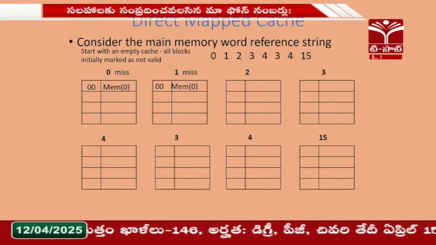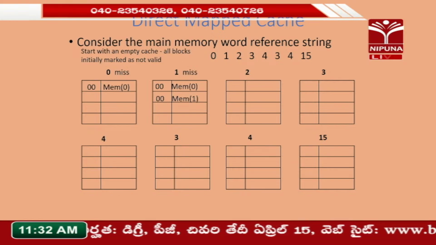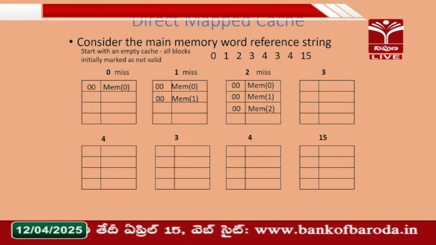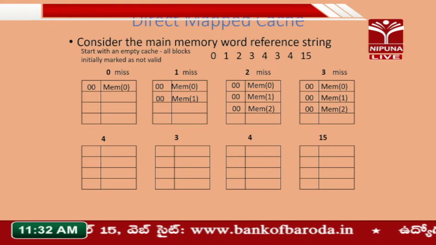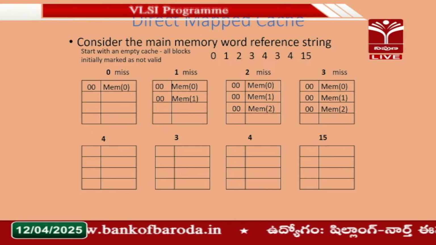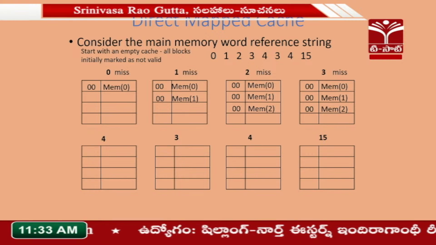It is still a miss, and then word 1 comes into the next location in the cache. Similarly, if you proceed, every time you try to access the memory for the first time, you can see the top row 0, 1, 2, 3 are misses, and once they miss, you bring that value into the cache memory.